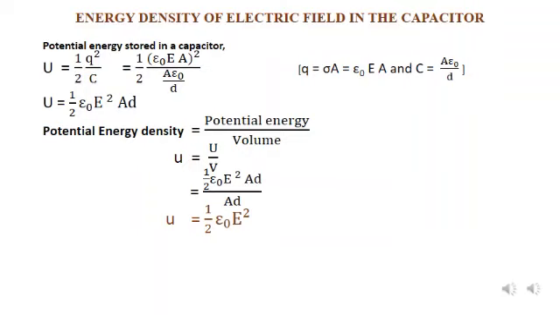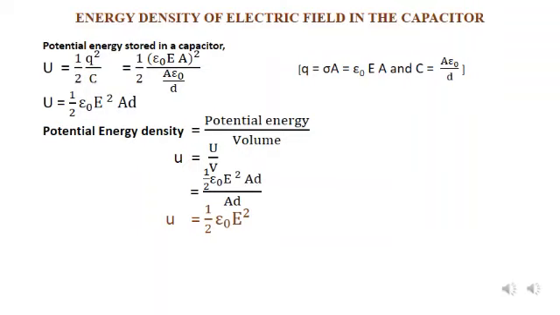Also, the capacitance of a parallel plate capacitor is C equals A epsilon 0 divided by d. When we replace q by epsilon 0 EA and C by A epsilon 0 by d, U equals half epsilon 0 EA whole square divided by A epsilon 0 by d.